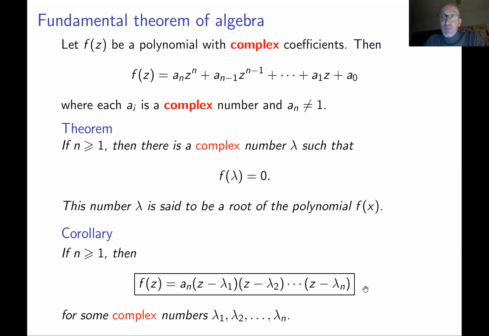So, for example, you can check how to apply the theorem to polynomials of degree 2. In particular, we know that every quadratic polynomial with complex coefficients can be factorized as a product of polynomials of degree 1. If you can do this in examples, this is a good illustration for the theorem. We will have some tutorial problems about this.